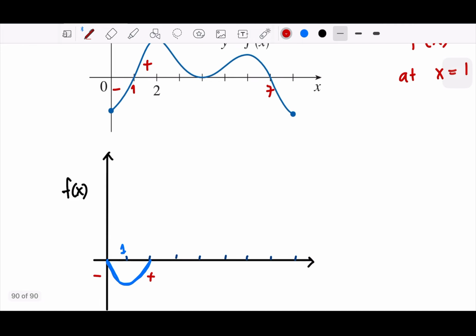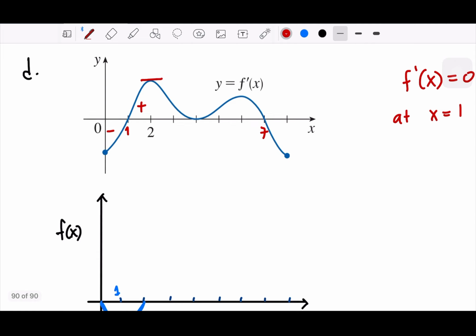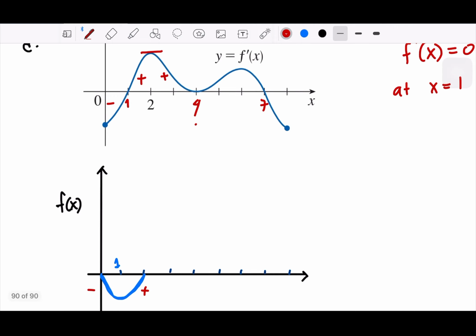So probably we have this still positive, still increasing until 4. So 4, maybe 4 is around here. Okay, this is 4.